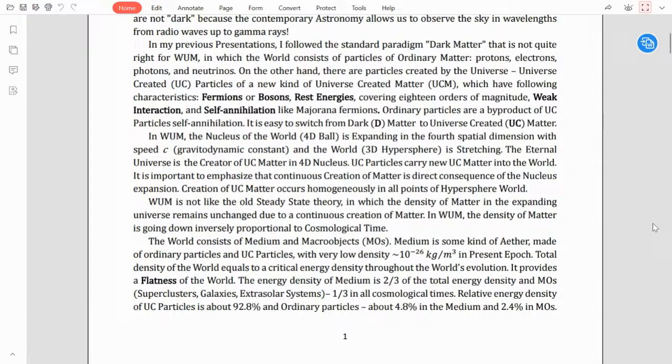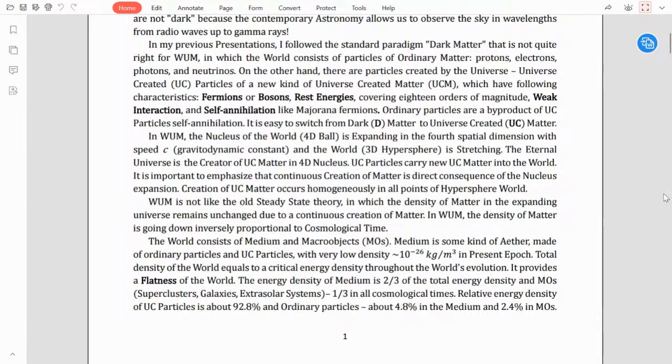Creation of UC matter occurs homogeneously in all points of the hypersphere world. This is not like the old steady-state theory, in which the density of matter in the expanding universe remains unchanged due to continuous creation of matter. In the World Universe model, the density of matter goes down inversely proportional to cosmological time.